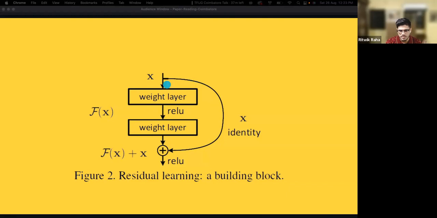But what the researchers have done is take X out of this and add it back here. So the resultant network is f(x) plus x, with an added identity, which is of course x. And what they are proposing is that this helps the network learn better.